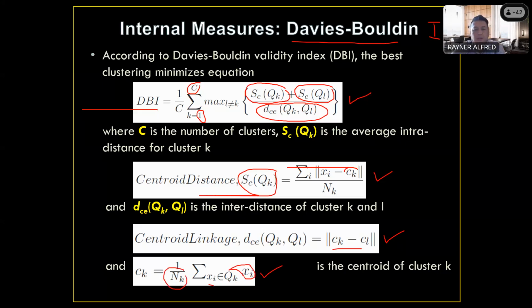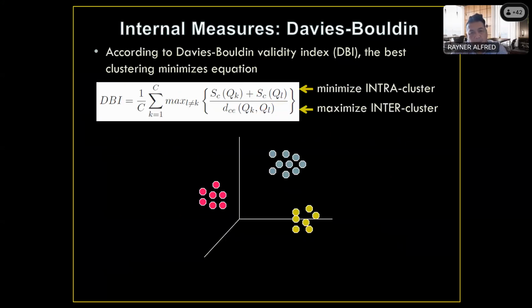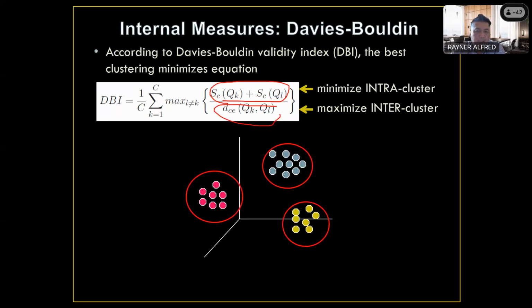To simulate the application of this formula, here is the compactness, so we want to minimize that. This is the distance between clusters, so we want to maximize the value of the intercluster distance.